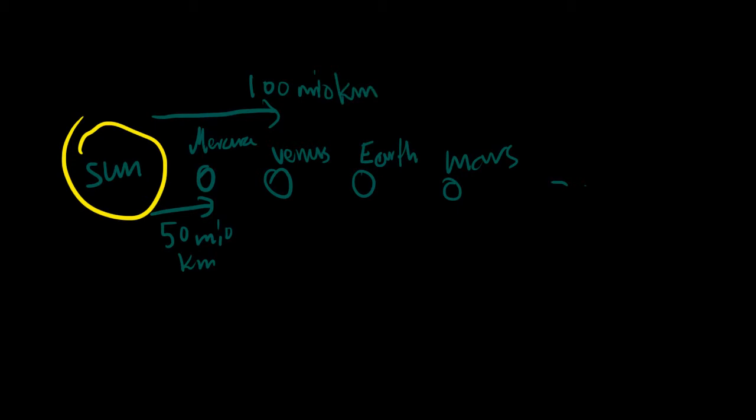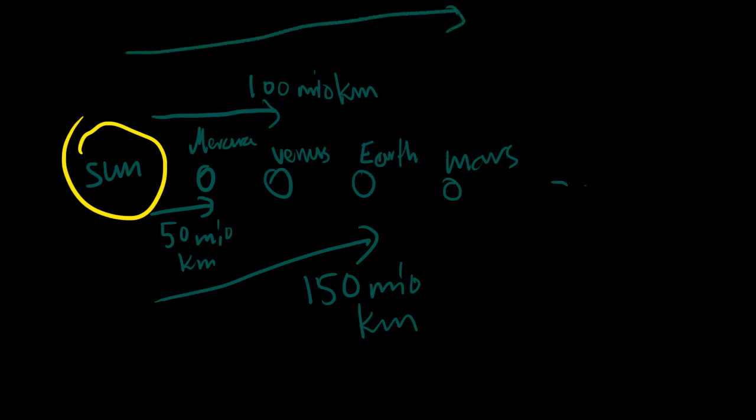And I'm just rounding it up just to give an order of magnitude, because this is maybe 49 million and so on, but who cares unless you're traveling there. And then out to Earth, we are 150 million kilometers from the sun. And way out to Mars, there is 225 million kilometers.